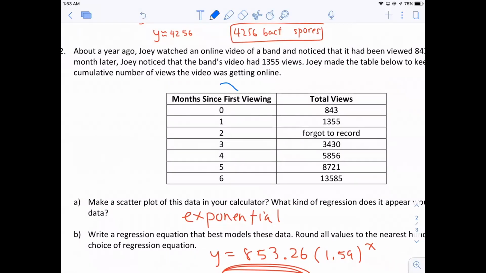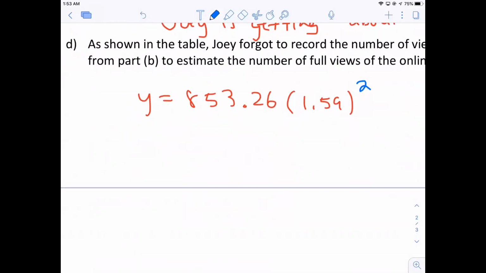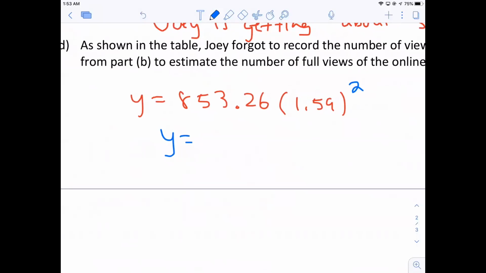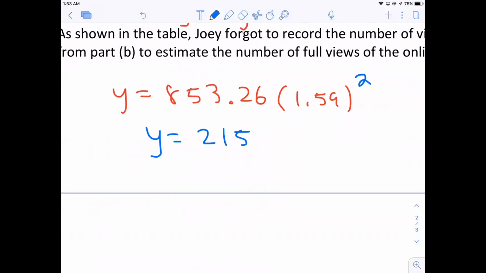X, y. And now we're solving for y, which is the number of views. Let me just type this into the calculator real quick. 853.26 times 1.59 to the second power. Hit enter. He got about 2,157 views.